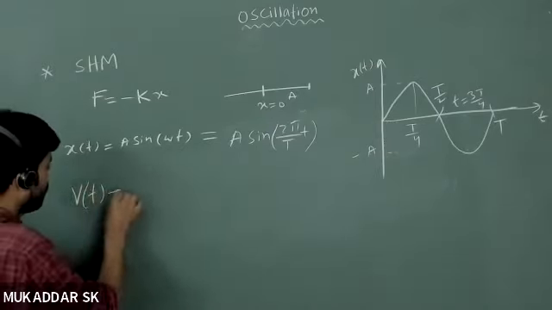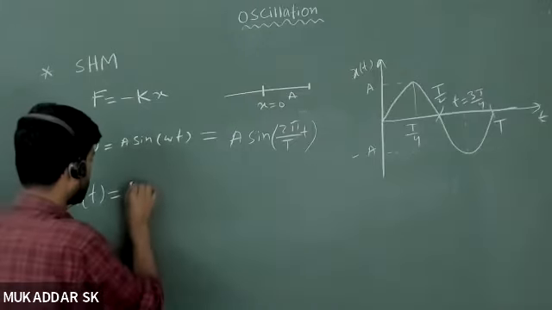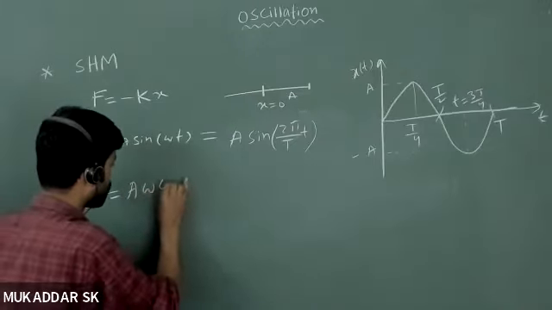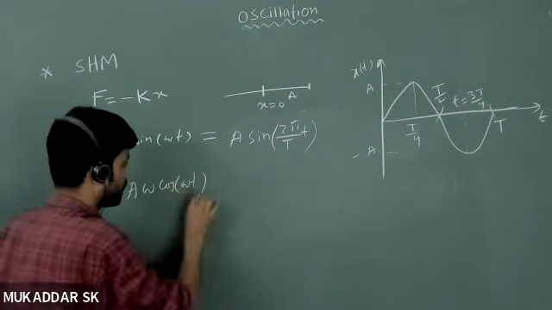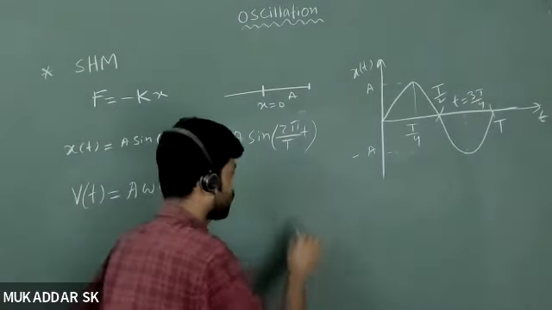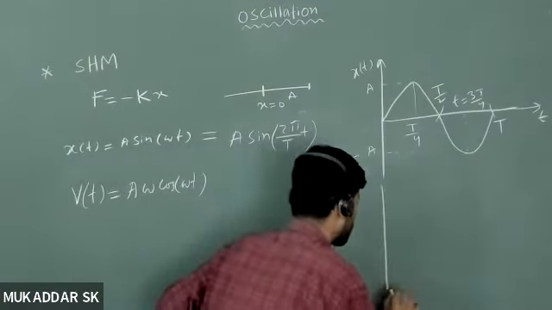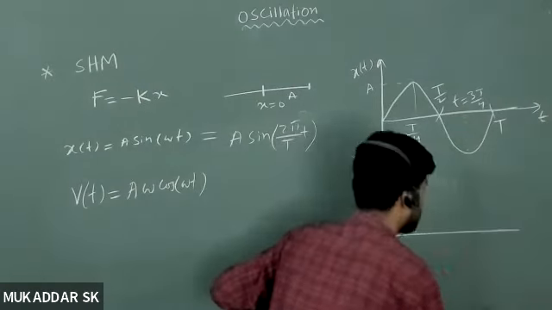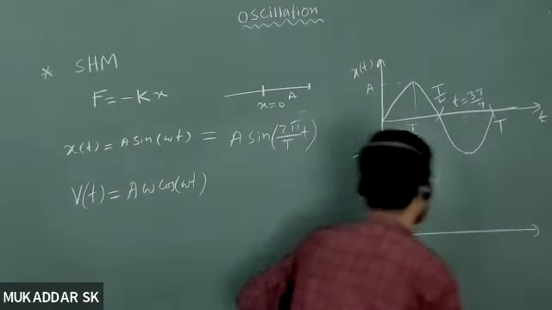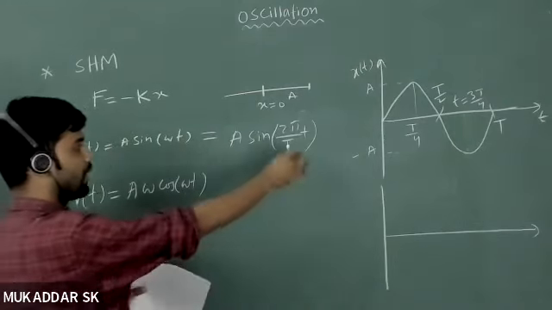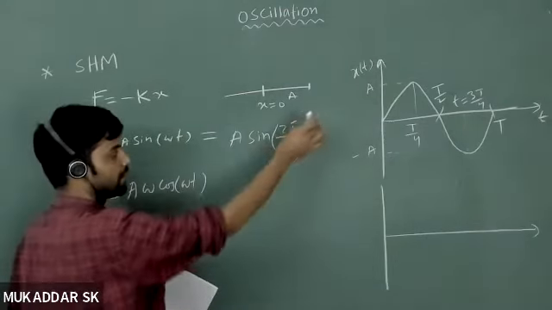Now I'll write for velocity, and you know that velocity was A omega cos of omega t. These things you can explain from the displacement equation itself.